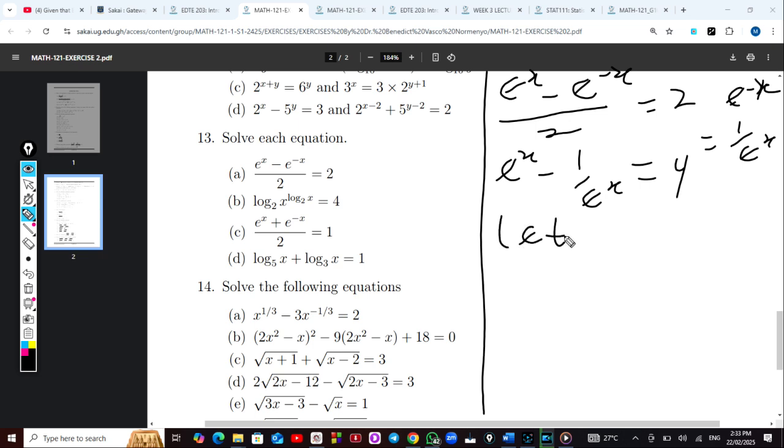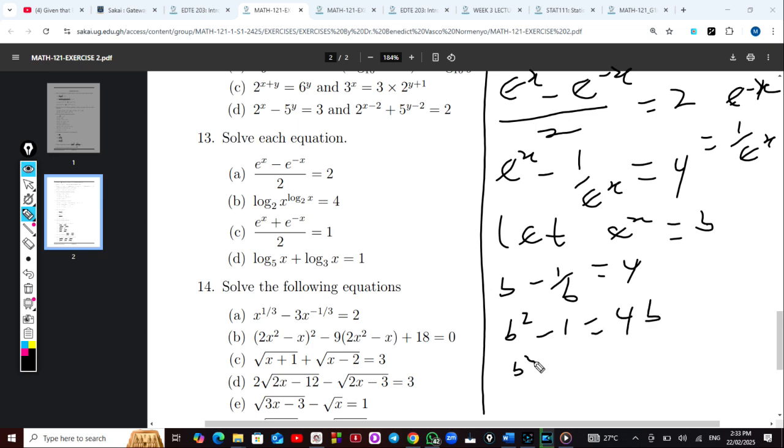We can just let e to the power x be a variable, let's say b. So we have b minus 1 over b is equal to 4. Multiply through by b, so we have b squared minus 1 is equal to 4b. So b squared minus 4b minus 1 is equal to 0.